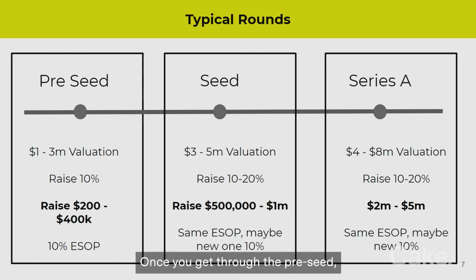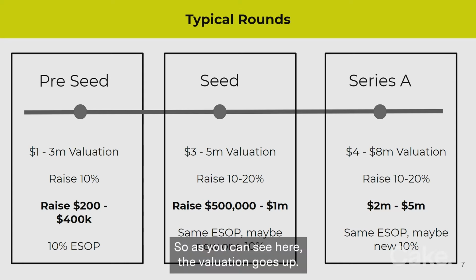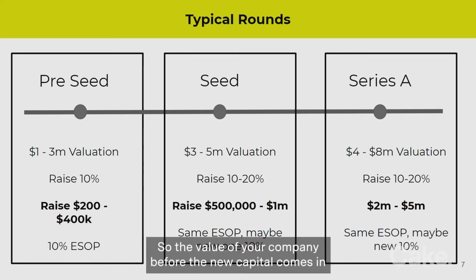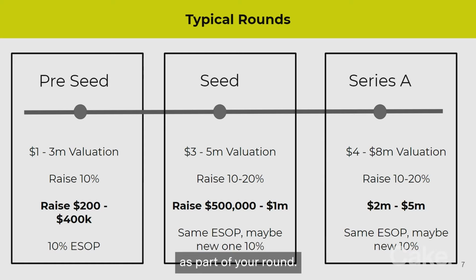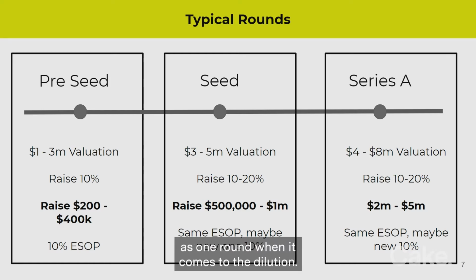Once you get through the pre-seed, then you get to your seed. As you can see here, the valuation goes up, from 1 to 3 million, now to a $3 to $5 million valuation. That's your pre-money valuation, so the value of your company before the new capital comes in as part of your round. You're diluting a little bit more, so 10 to 20%. And it can be good to think of the pre-seed and seed as one round when it comes to dilution.